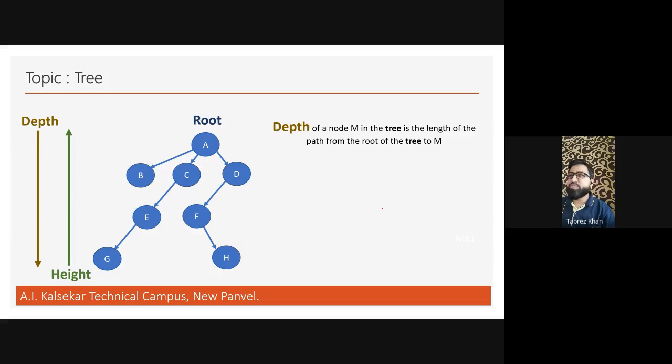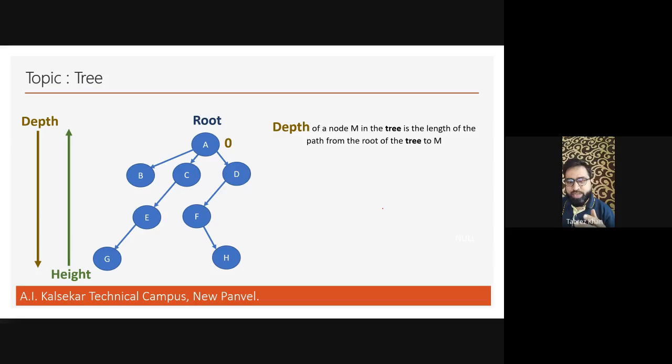So if I ask you what is the depth of the root node? A path is taken from the root node to that node, and whatever the length of that path is, that length is the depth. So what is the depth of a root? Yes, the depth of a root is 0. If you see there, a 0 has appeared just beside the root node A, and that 0 is the depth of the root node.